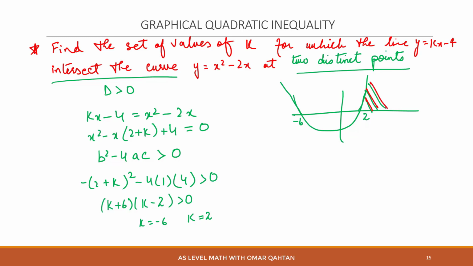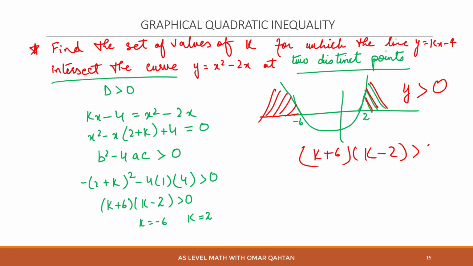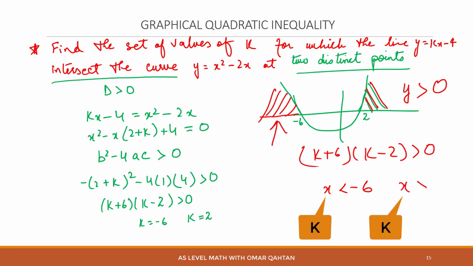The important part is this part, because this is the region where y is greater than 0. So we have (k plus 6)(k minus 2) greater than 0. So what I'm going to do here is, k should be less than minus 6, talking about this part, and k is greater than 2, talking about this part.